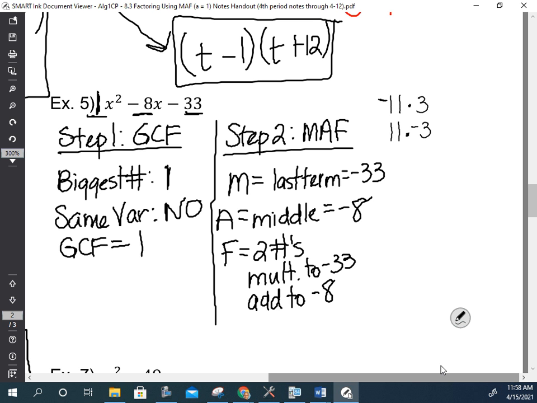There's one other way that I can multiply to 33, and it's the easy way: 1 times 33. So the 1 could be negative, or the 33 could be negative. So those are the 4 ways you can multiply.